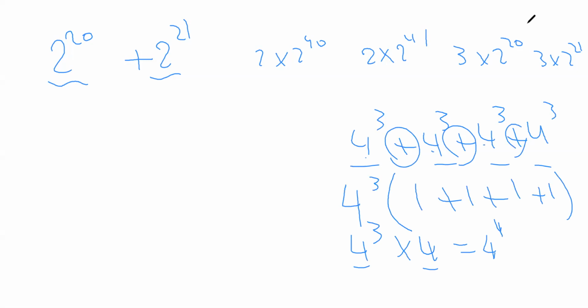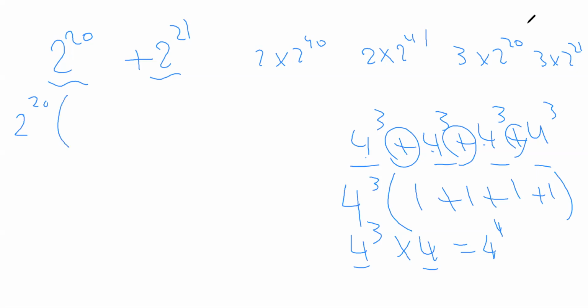Here they are not the same. When they are not the same, do I take the number with the smallest power or the greatest power? The smallest. Why do I take the smallest? Because I want to do division.